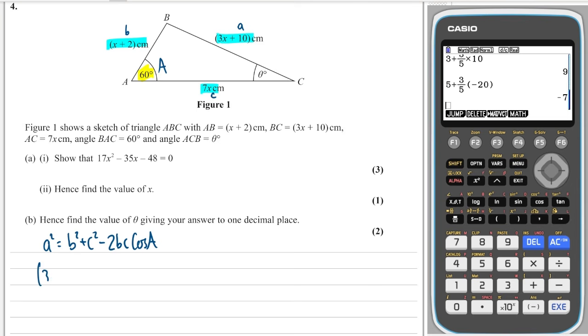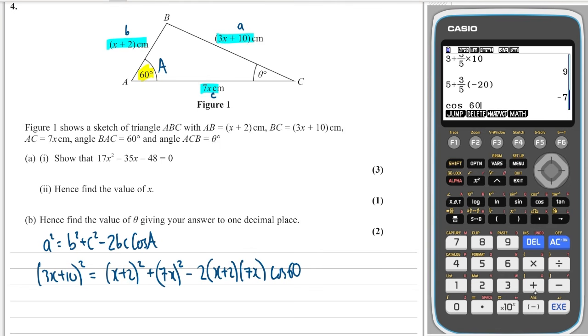So in this case we have 3x plus 10 all squared is equal to x plus 2 all squared plus 7x all squared minus 2 lots of x plus 2, 7x, and cosine of 60. Now, I know my exact angles, and I know that cosine of 60 is a half, which you probably knew already.